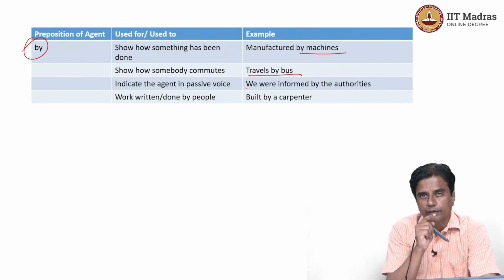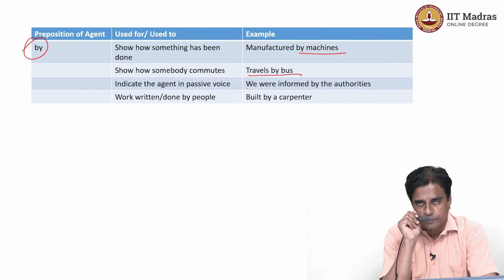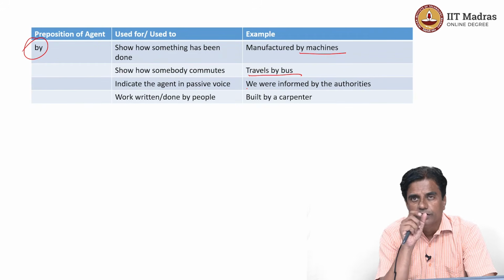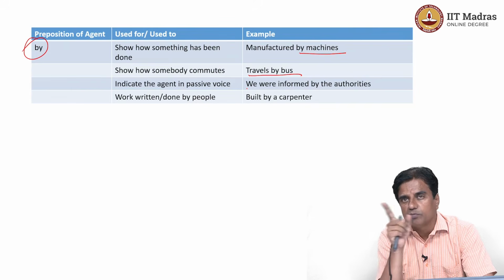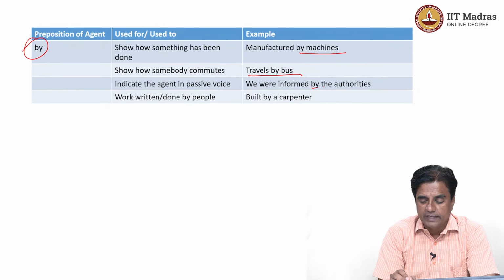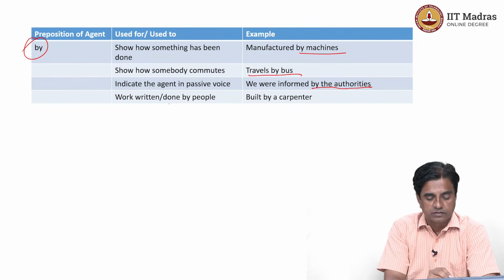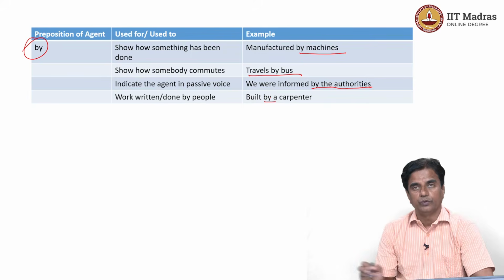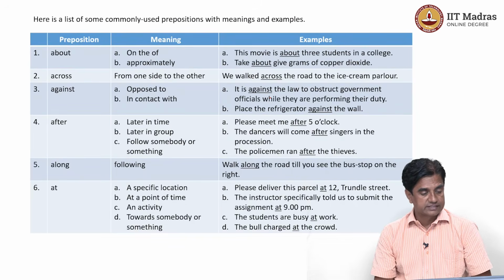That is, we use a "by" preposition before what looks like a subject in an active sentence, and we move it back to the passive sentence. So we are informed by the authorities. So work written, done by people, built by a carpenter. We use "by" in these contexts.